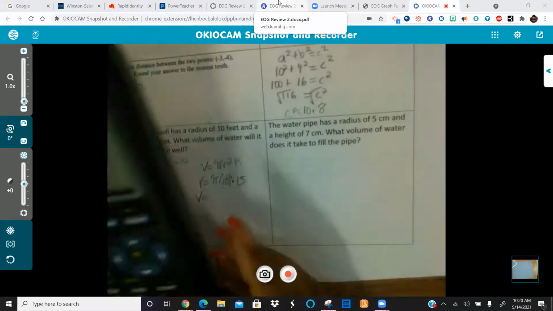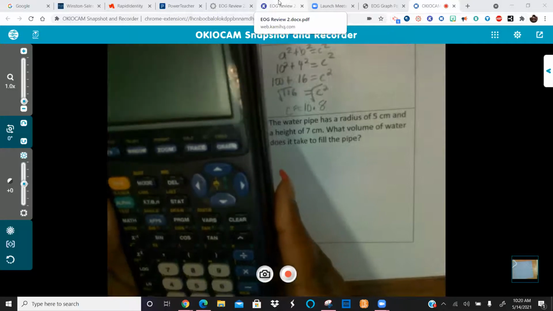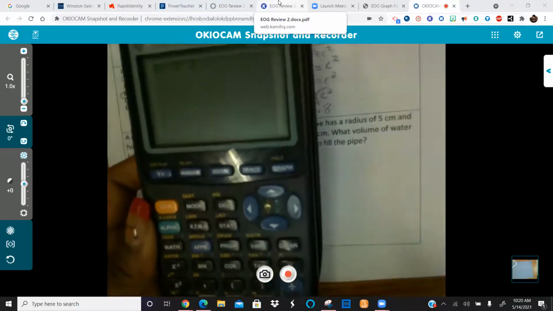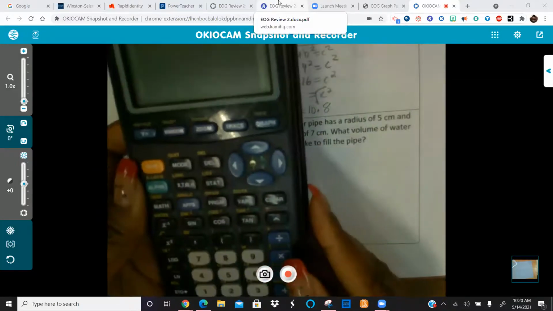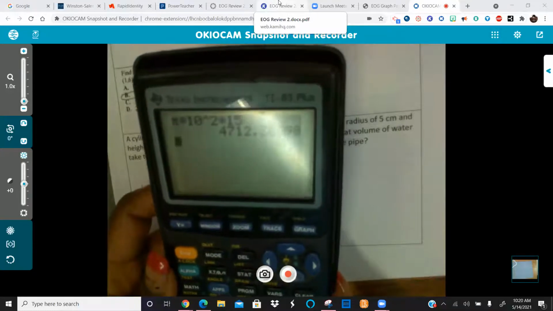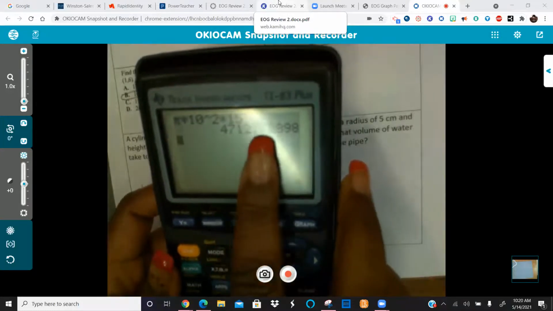Then we got times 10 squared. You can use the caret key squared there if you want to, or you can use the x squared button. And times 15. And that's how you type that in. Now we're going to press enter and round this to the nearest tenth place.